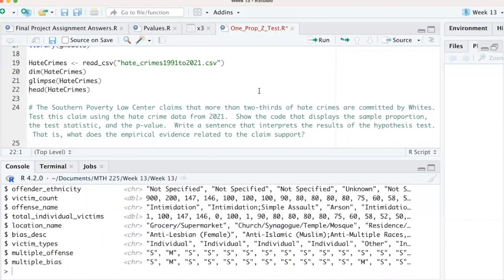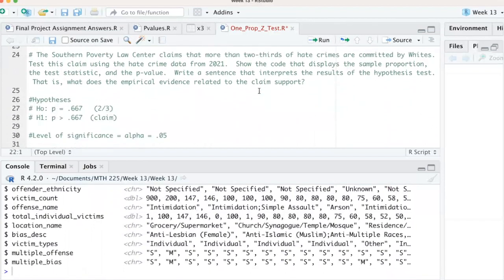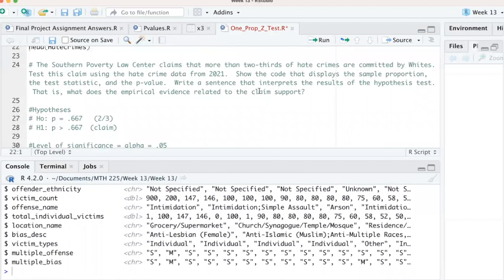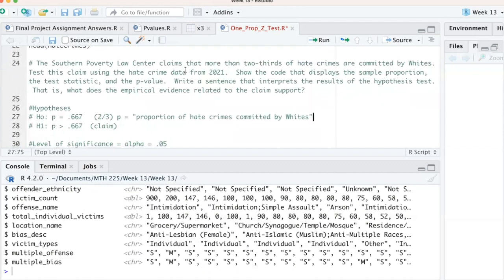So here's our example. Typically the way these hypothesis tests work is that someone makes a claim, and then we go and collect data to see if the data supports the claim or it doesn't. The claim that we're going to test today comes from the Southern Poverty Law Center, where they claim more than 2/3 of hate crimes are committed by whites.